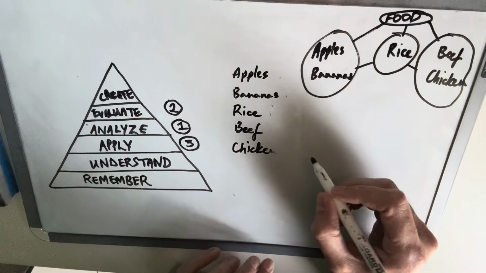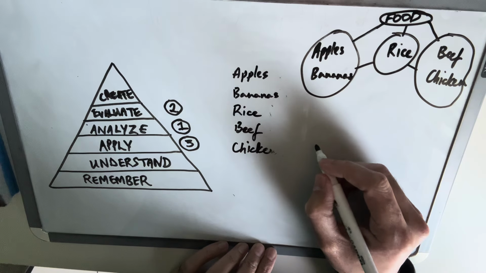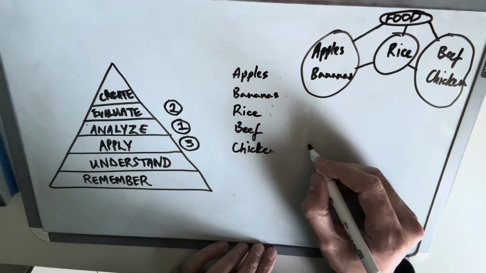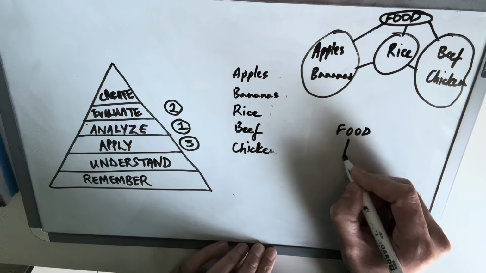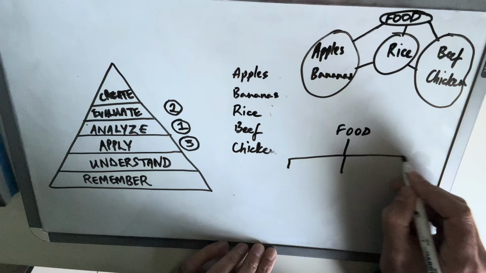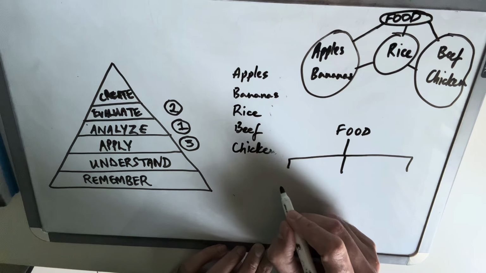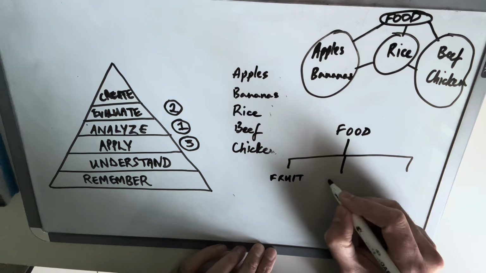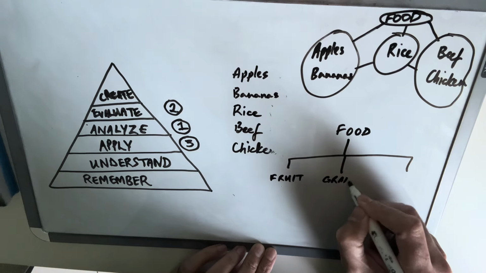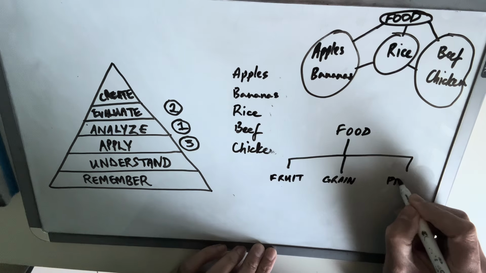Now we can further elaborate on this diagram and say that if you have food, then under food you've got three categories now of types of food, such as fruit, grain, and protein.